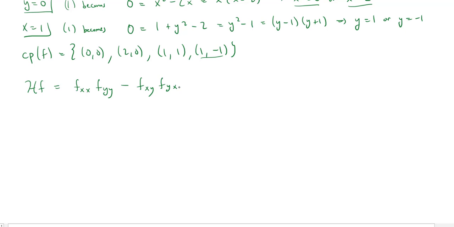And if we're working in a situation where our second derivatives are continuous, then we know that these are actually equal to each other. That was a theorem called Clairaut's theorem.